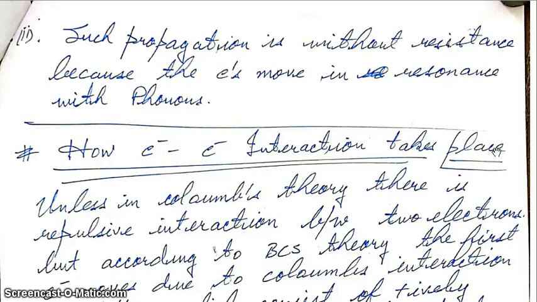Now, how does this electron-electron interaction take place? In Coulomb's theory there is a repulsive interaction between two electrons. We know that same charges repel each other, whereas opposite charges attract. But in this case, same charges attract each other, so it is opposite to Coulomb's theory.